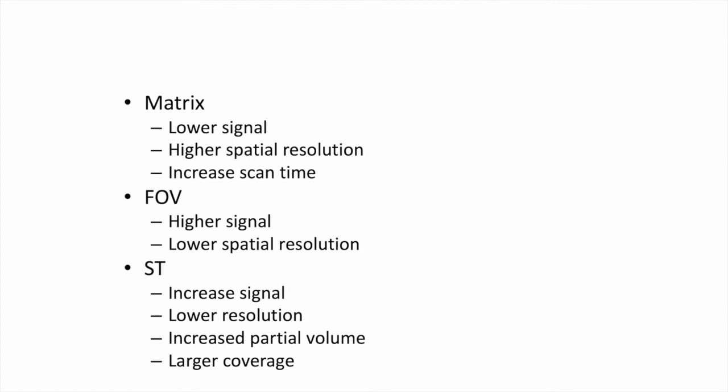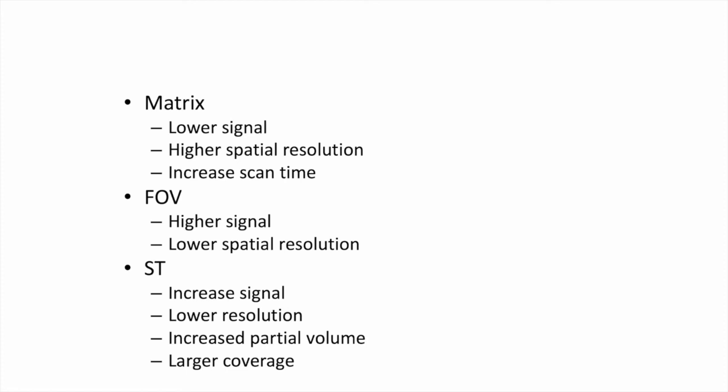An increase in the matrix size, keeping the FOV constant, will result in the reduction of size of a voxel. This causes a reduced signal, low signal to noise ratio with high spatial resolution. The scan time is also increased.